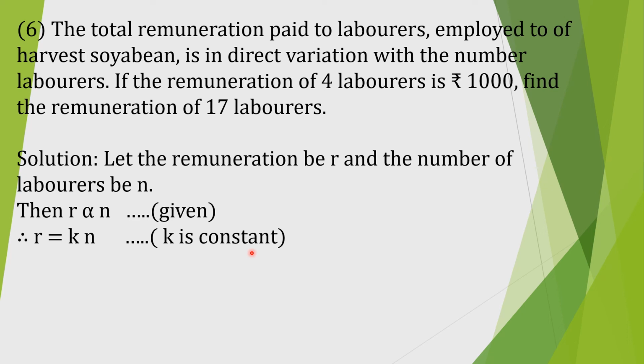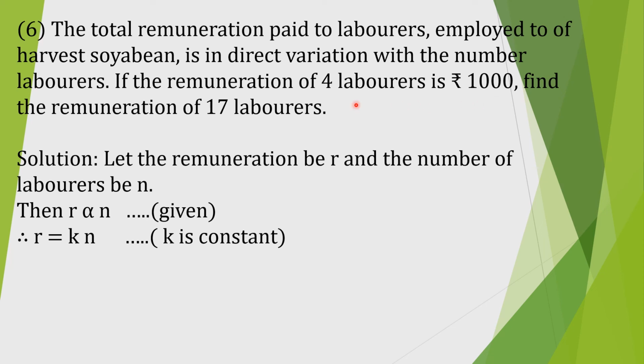Now first we'll find the value of K, the constant. As you know, when N is 4, that is, the number of laborers is 4, the cost paid to them is 1000, that is, remuneration R is 1000.